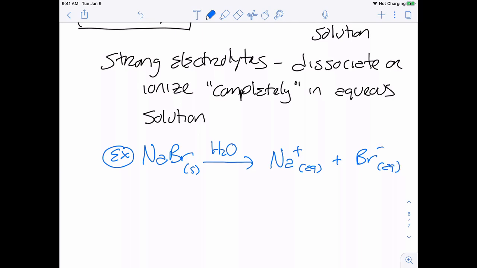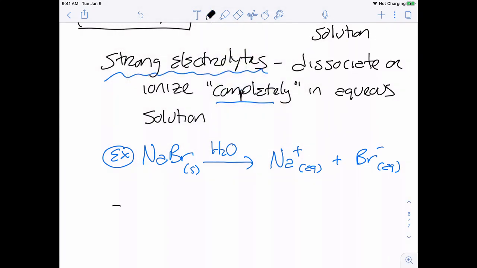And notice how my arrow is only going towards products. It's not going in both directions. It's not a reversible reaction. If I was to take sodium bromide, put it in water, all I have is sodium ions and bromide ions. I actually don't have sodium bromide in water because it is a strong electrolyte, right? It's completely dissociating in aqueous solution.